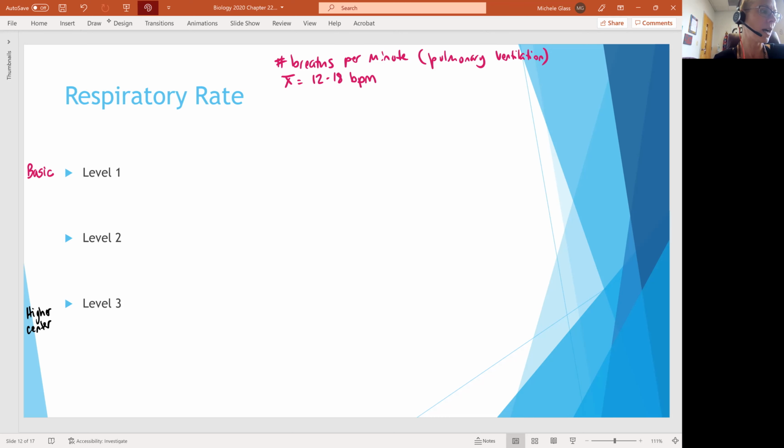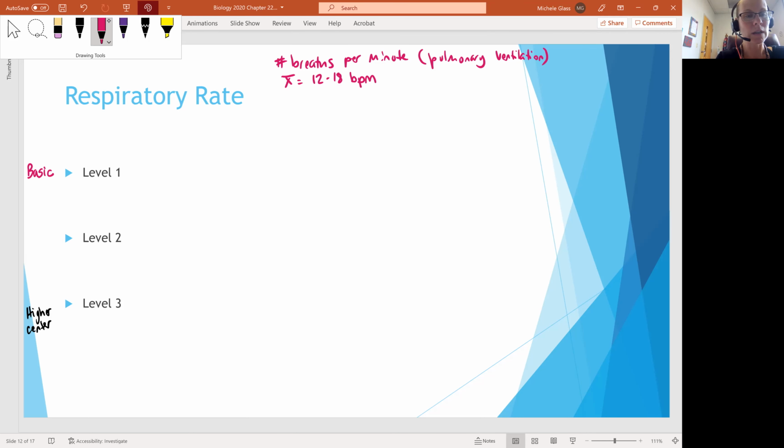When we talk about controlling respiratory rate and the control of pulmonary ventilation, what we're talking about is the control of those skeletal muscles. So we're talking about synapsing onto the diaphragm, external intercostals, and then those other muscles that are involved in your forced breathing, your accessory inspiratory and accessory expiratory muscles.